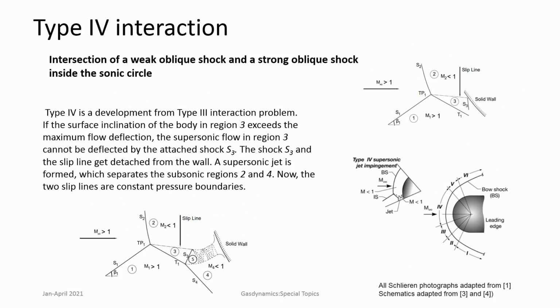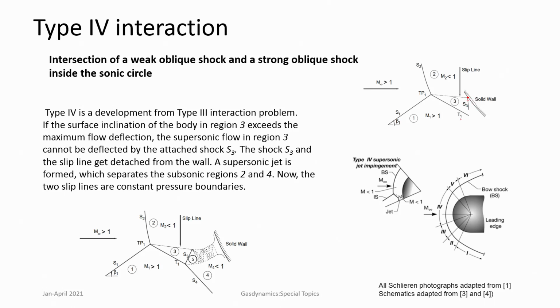Now, we can go to the most special case, which is the type 4 interaction. In type 4 interaction, the interaction happens very close to the stagnation region. So, much stronger shocks, and if we compare it with type 3, in type 3 there is a shear layer or a slip line which comes and interacts with the wall, and in order to turn the flow parallel to the wall, a shock S3 develops.